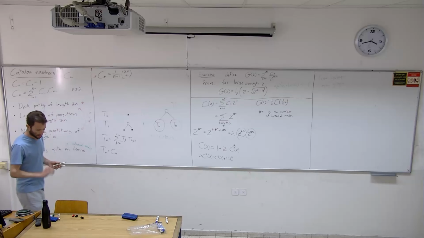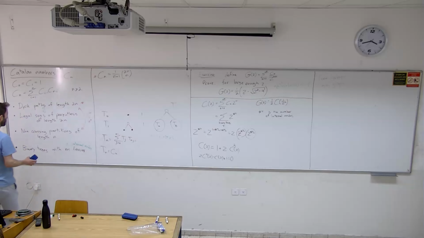So the next question is, and I'll keep going with the trees examples. What if instead of binary trees, I'll talk about ternary, the three-ary trees.